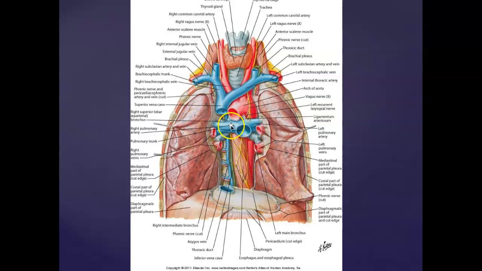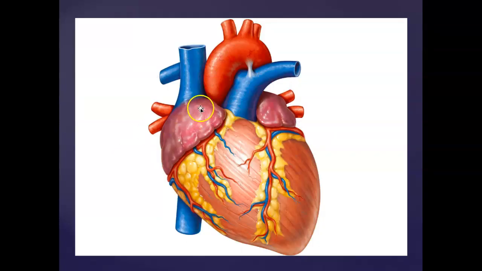Here's the pulmonary trunk as it leaves. But some blood in the fetal circulation will come down from the right atrium, and instead of being shunted to the left atrium through that foramen ovale, some of it will come down through the right atrioventricular valve into the right ventricle.